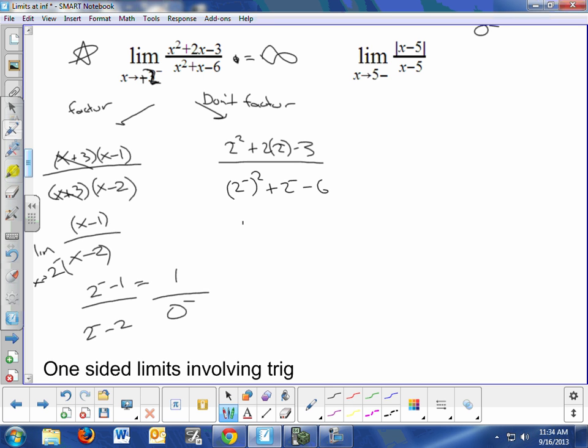I'm going to get close to 4, but from the left. Something close to 4 from the left and close to 2 from the left is something close to 6 from the left. 6 from the left minus 6 is something that's very, very small, but negative. Very, very close to 0, but negative. In the top, you add 4 plus 4 minus 3, which is 5.